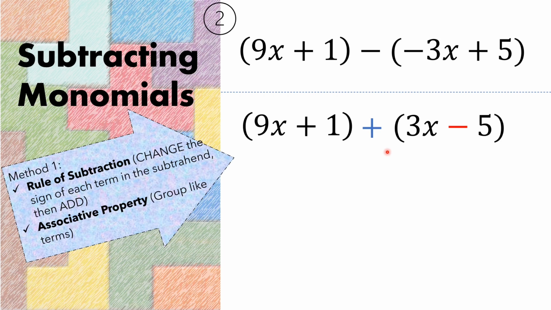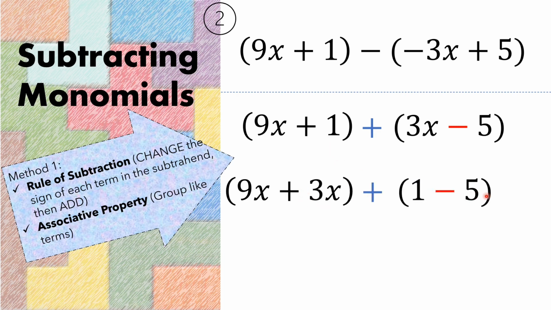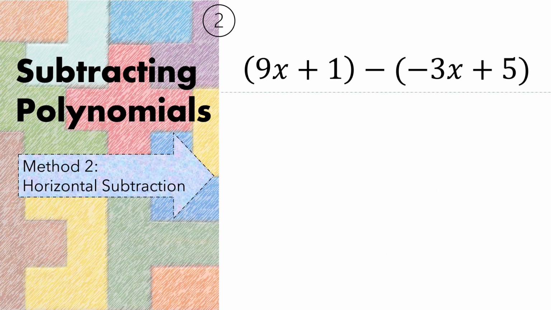Then applying associative property, combining like terms, 9x plus 3x plus 1 minus 5. Simplifying, we have 9x plus 3x is 12x, plus 1 minus 5 is negative 4, so that is 12x minus 4. Next method. Method 2, horizontal subtraction, simplifying the sign of each term of the subtrahend by distributive property.